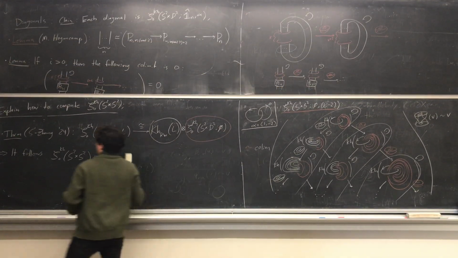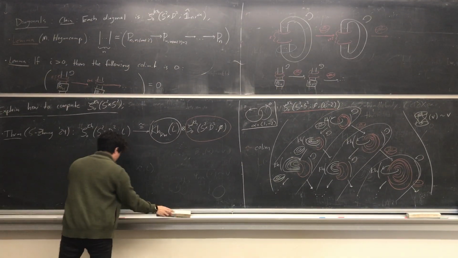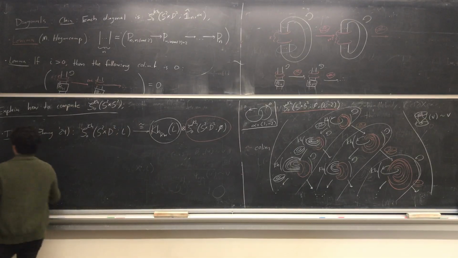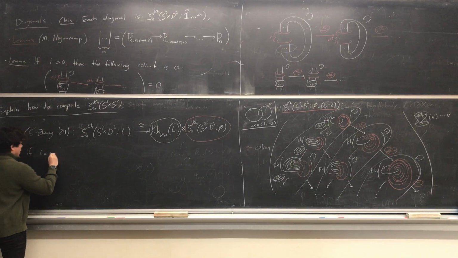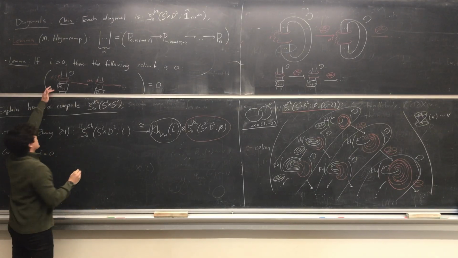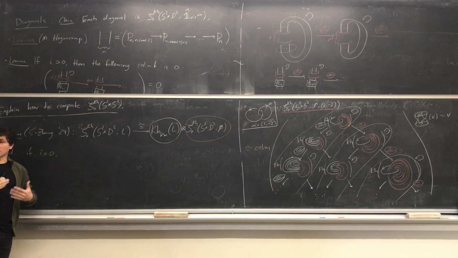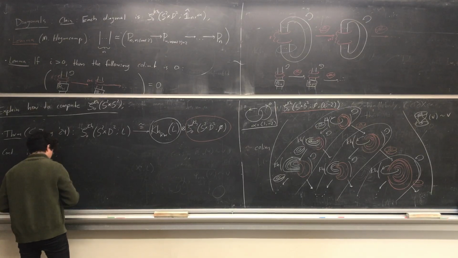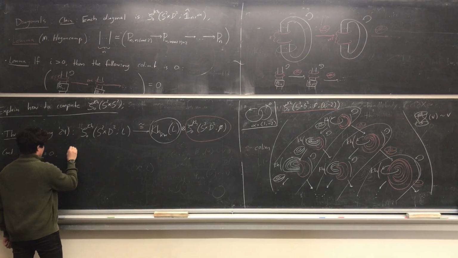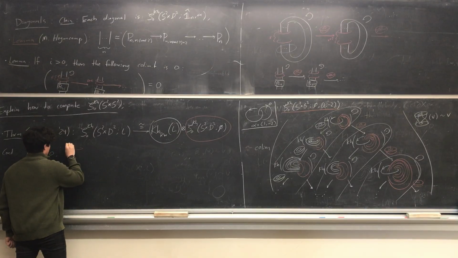But the point is, if I is equal to 0, this guy is the Rozansky projector. It's the bottom weight. We get the following. So let's write it like this.